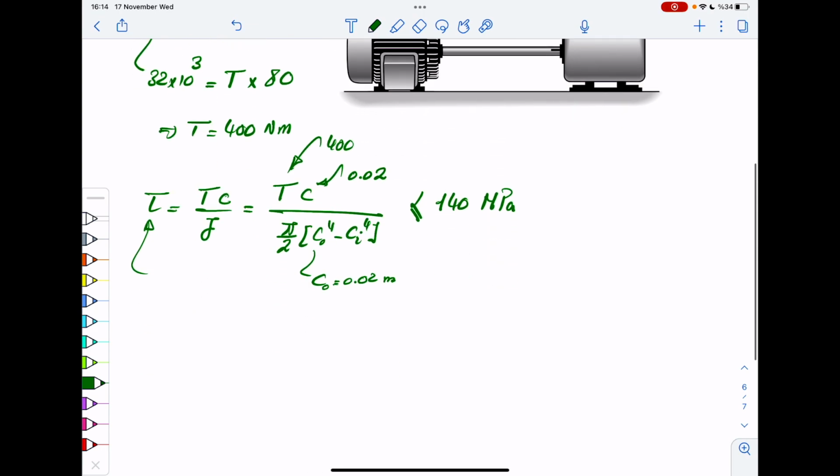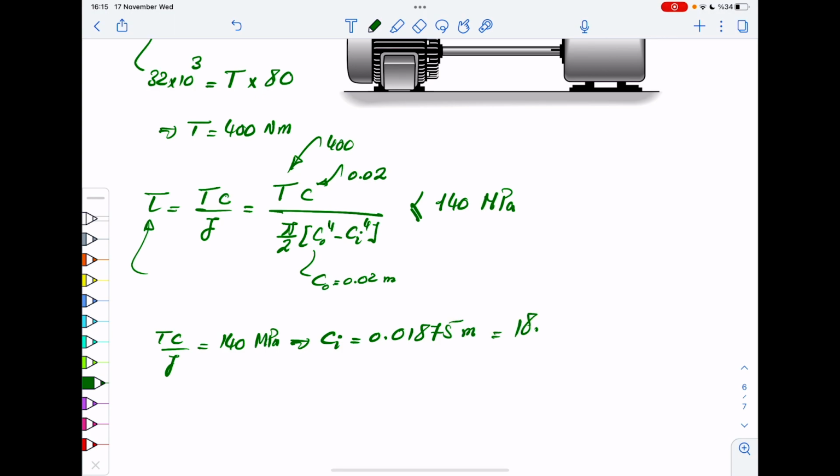So if you just set it equal, so if you say TC over J equals 140 megapascal, this gives you that inner radius, CI, to be 0.01875 meters. Okay? Or let's say 18.75 millimeters. Does that make sense?